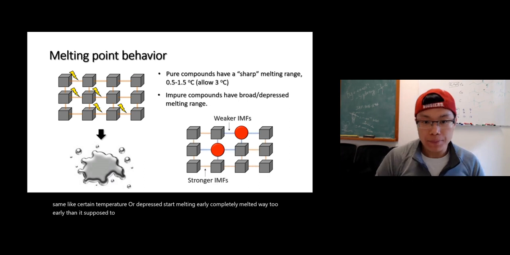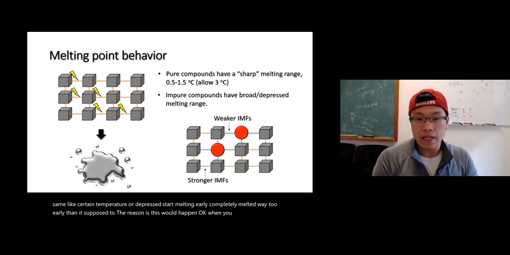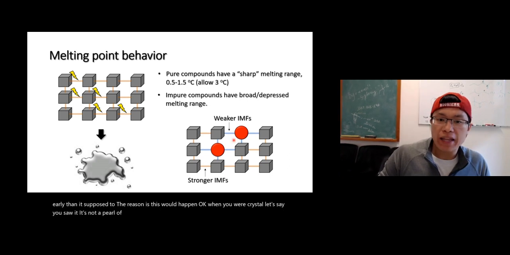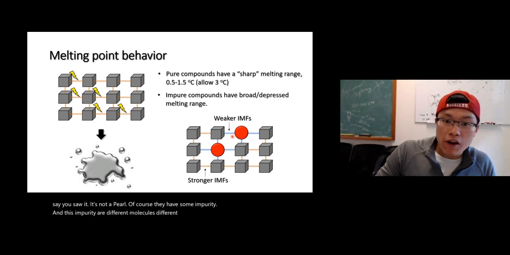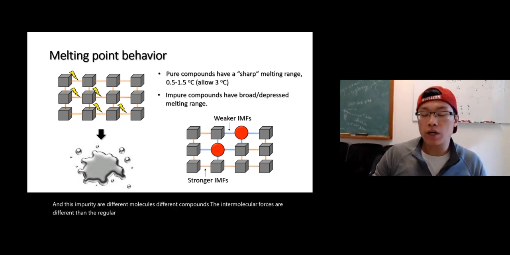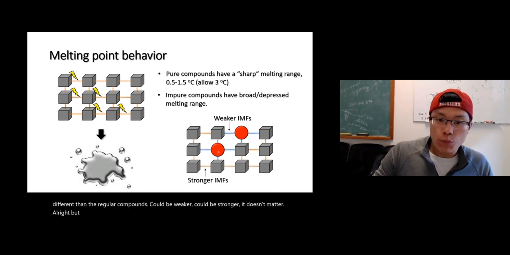The reason this happens is that when your solid is not pure, it has some impurity, and this impurity is made of different molecules, different compounds. The intermolecular forces are different from the regular compound. They could be weaker, could be stronger, it doesn't matter. So basically we have different types of intermolecular forces.